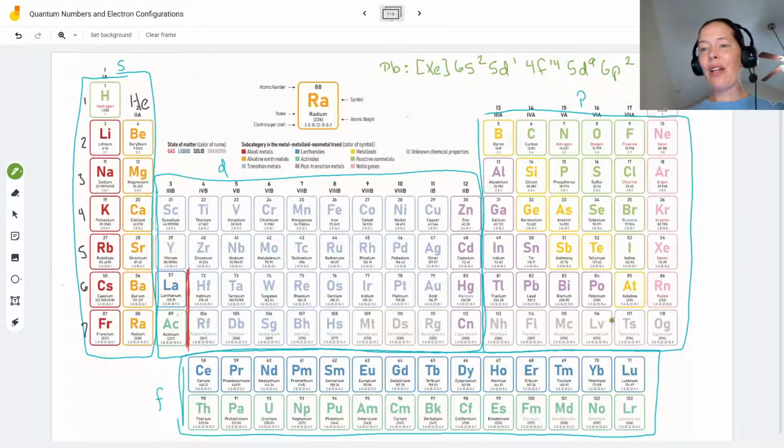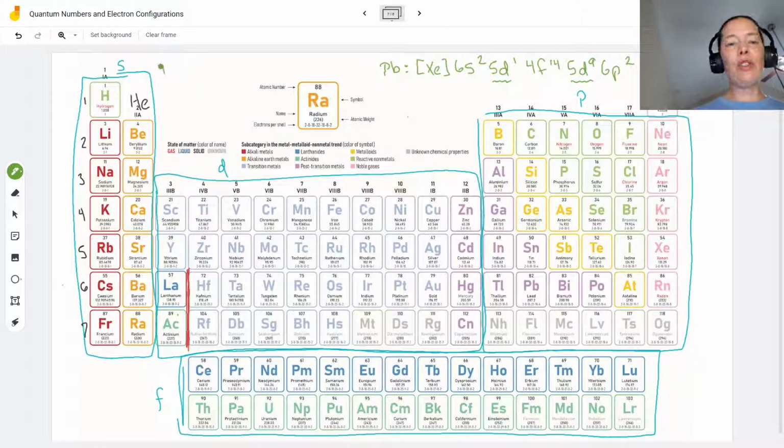Before I sign off, I know we are definitely running out of time here. I do want to point out that while I have written the electron configuration like this, you will see it written different ways. So a lot of people like to combine the 5Ds, so they'll write 5d10. Other times you will find these written according to your quantum number.